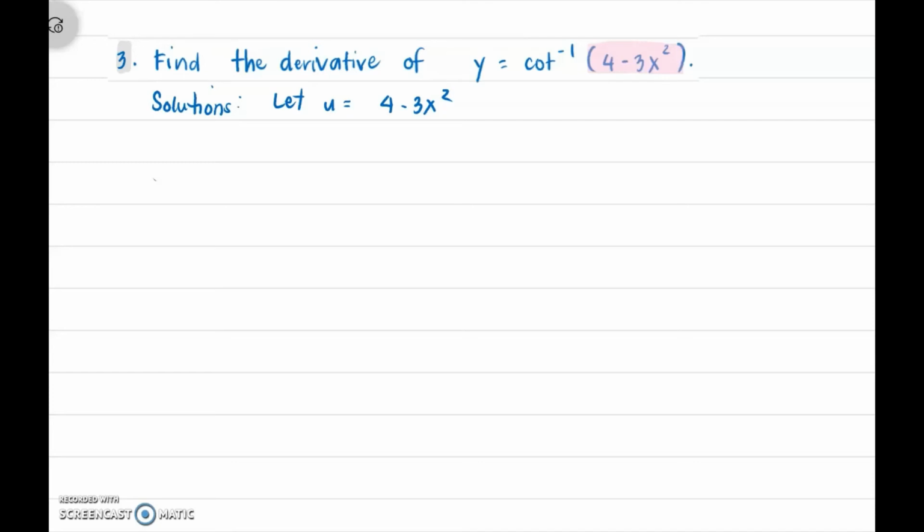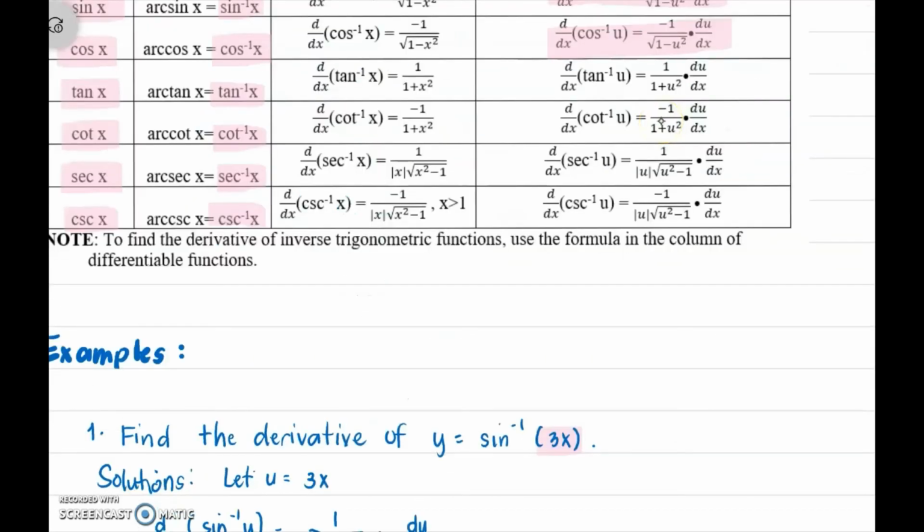Now we can start solving for the derivative. So we have the derivative of arc cotangent u is equal to, let's go back to our table, negative 1 over 1 plus u squared times the derivative of u with respect to x.